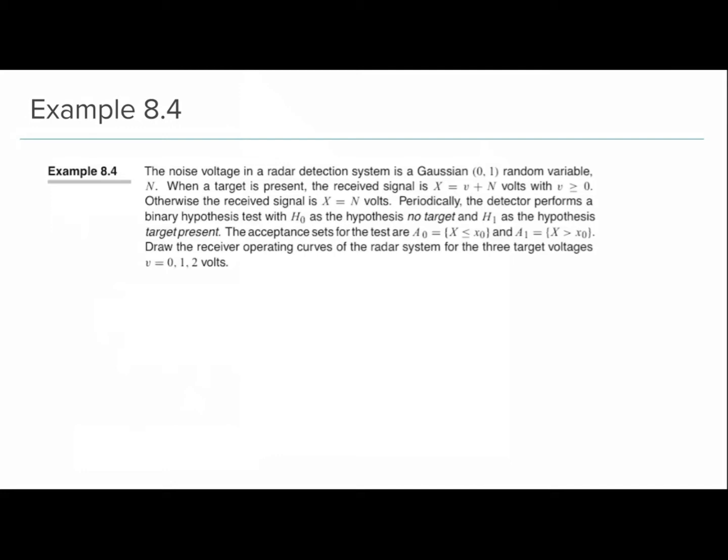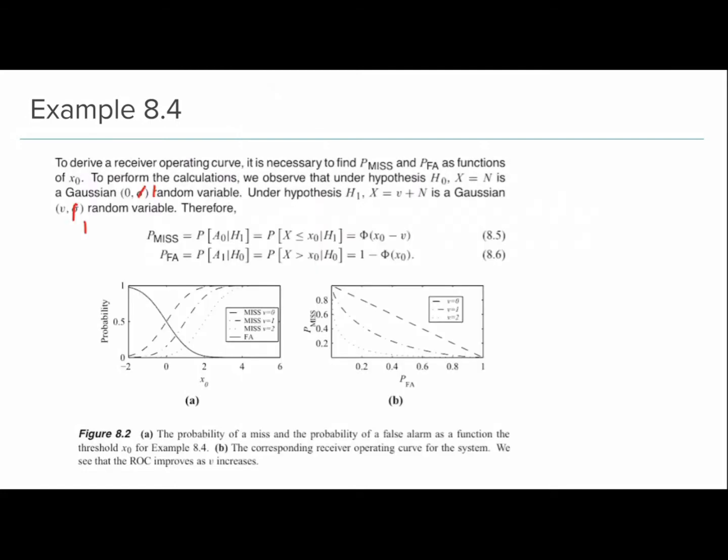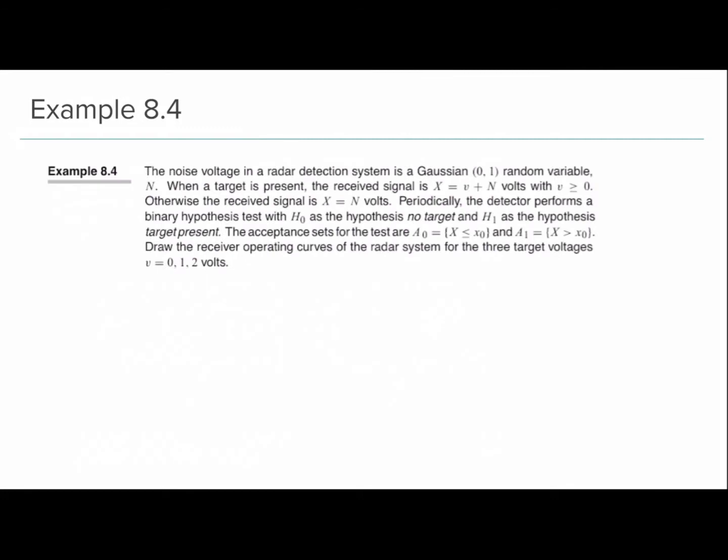So miss is the probability of A0 given H1, and false alarm is the probability of A1 given H0, right? So to draw the ROC, we have to find what the probability of false alarm and probability of miss will look like, right?